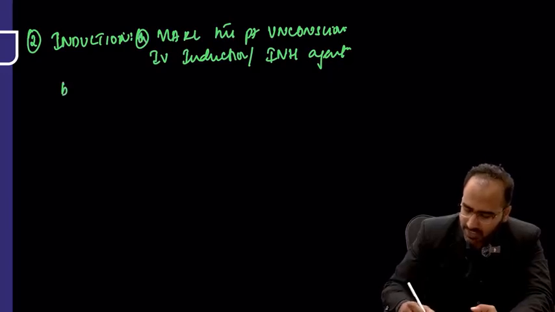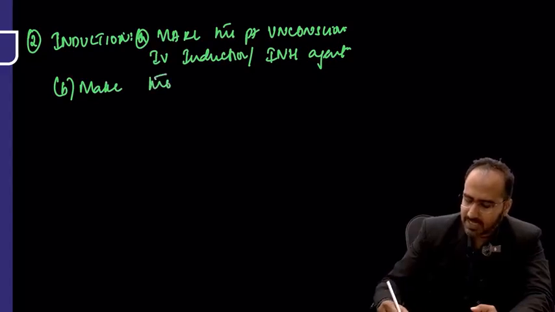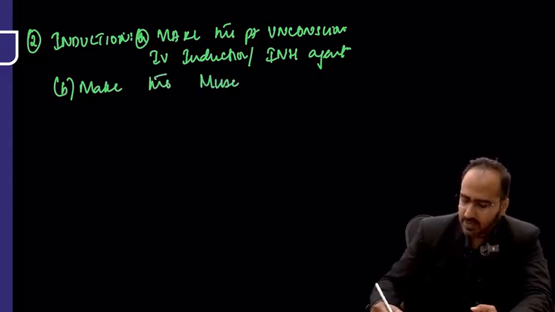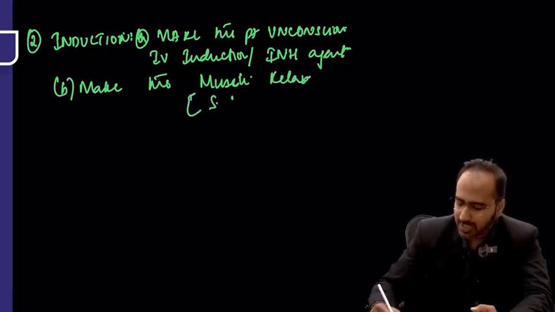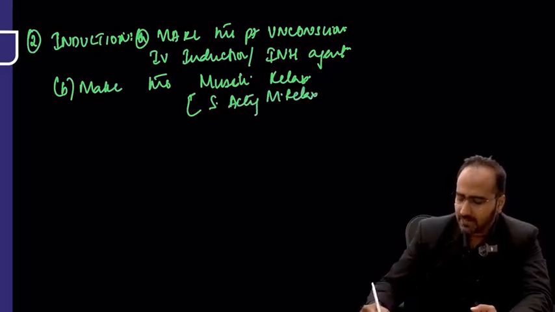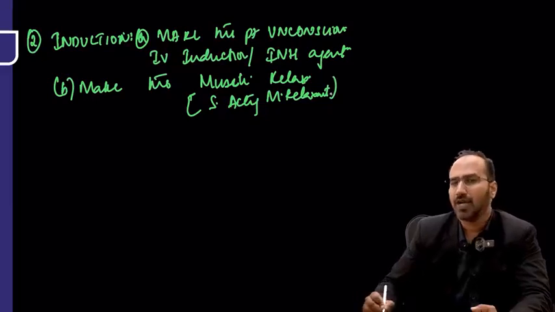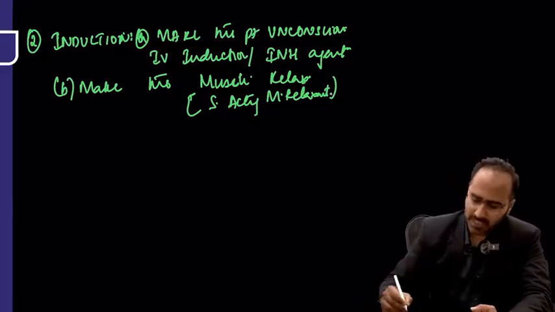The second aim in the induction phase is make the muscles relax. Once the patient is unconscious, make the muscles relax by giving a short-acting muscle relaxant. Always remember guys, before intubation, only a short-acting muscle relaxant.